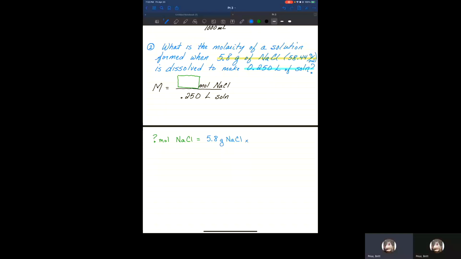I know that I have grams. There's 58.44 grams for every 1 mole of NaCl. And yes, I'm trying to pick numbers that are pretty straightforward. So 5.8 divided by 58.44 should be pretty close to 0.1.